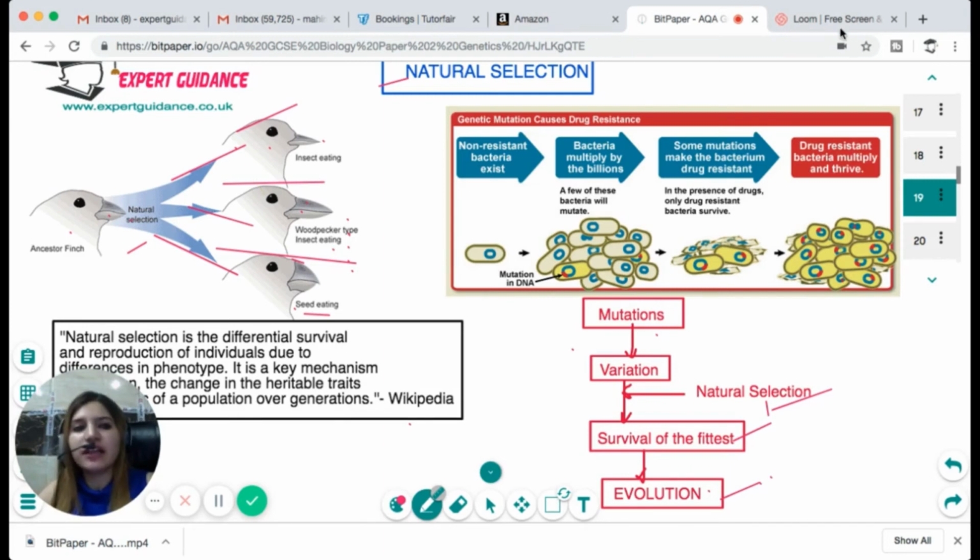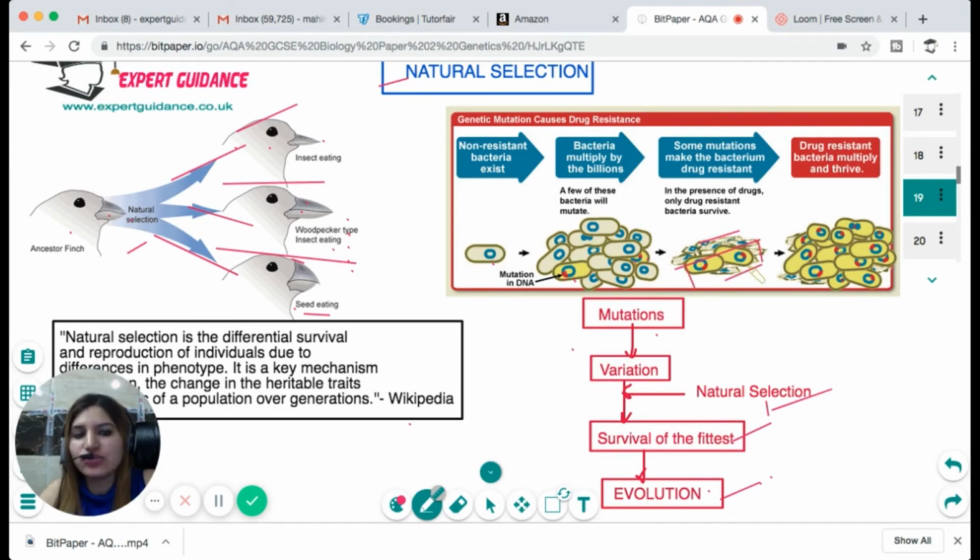We can take another example: drug resistance in bacteria. If you give drugs to bacteria, the bacteria will die. Now, only some bacteria are mutated, like these 2, and they are resistant to that particular drug or antibiotic. So what happened eventually? All the other ones died and only these 2 survived.